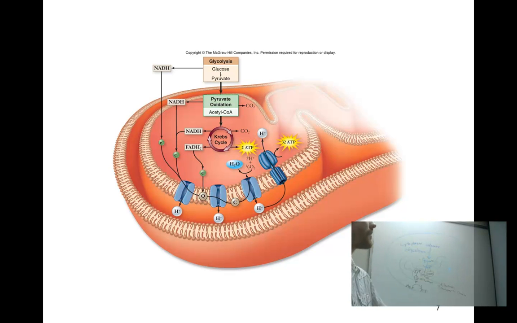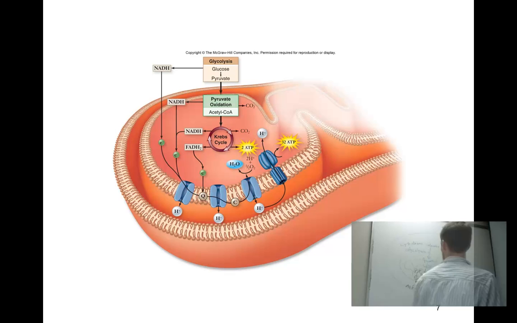Okay, so this is the overall slide. This is what we just drew, basically. We started with glycolysis, and then we had pyruvate oxidation, which created acetyl-CoA. That was used in the Krebs cycle. Krebs cycle makes FADH2 and NADH, which is then used in the electron transport chain, which creates a proton gradient. And when the protons go back into the other side, they create ATP.